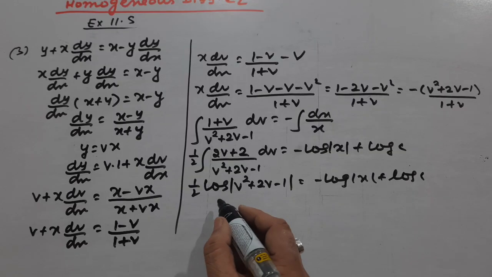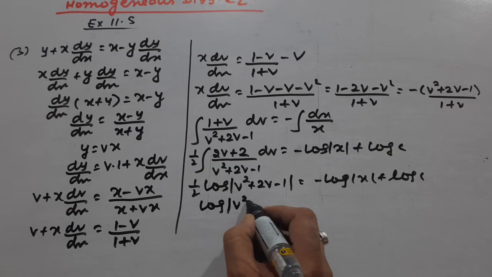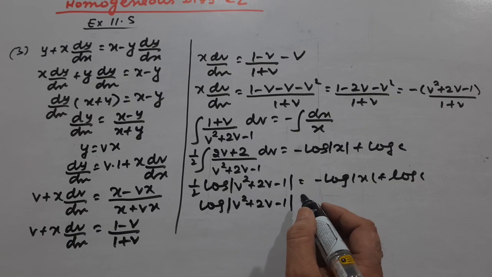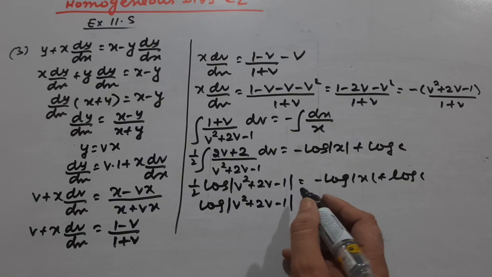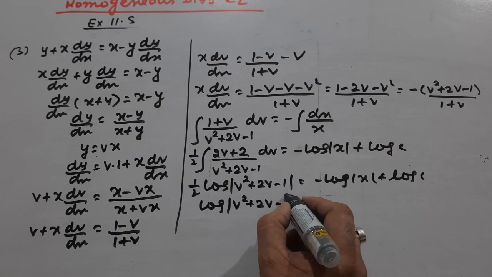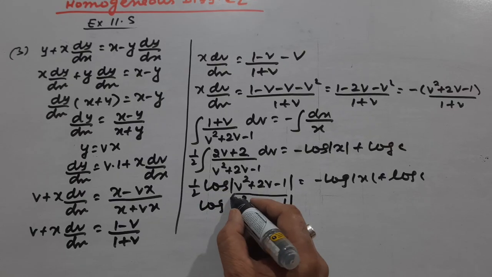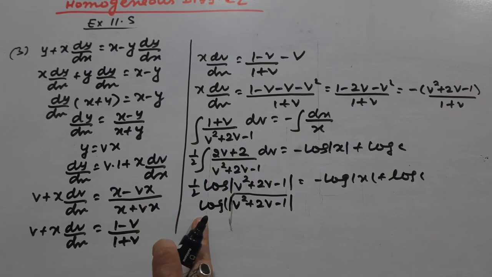Now we can write it like this. By the property of log we can write it like this: (v² + 2v − 1) with power 1/2. So 1/2 means under root. We can write under root over here because by the property of log, n log m is log m to the power n.